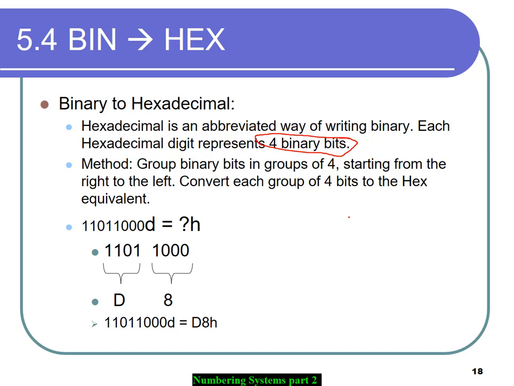And 4 binary bits is your nibble, as we said earlier. So group the binary bits in groups of 4, starting from right to left. Convert each group of 4 bits to a hex equivalent, right?